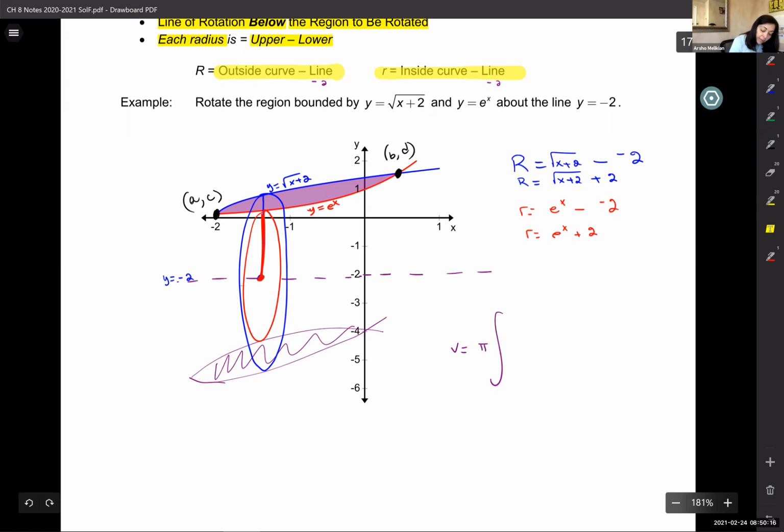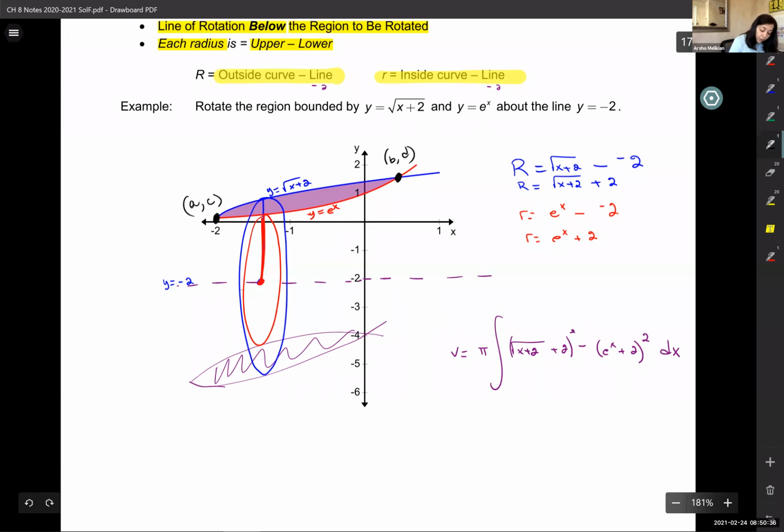Pi, big R, root x plus 2 squared minus little r squared dx, because my expressions have x's in them. And the bounds go from A to B, the x-coordinates.